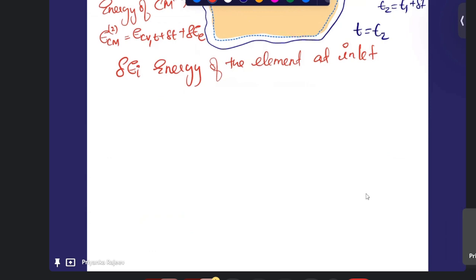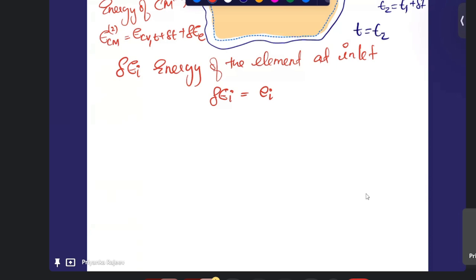Energy of the element at inlet is equal to delta EI, equal to internal energy plus kinetic energy plus potential energy, right? So this delta EI can be taken as specific total energy, that is total energy by mi, the mass of the element.